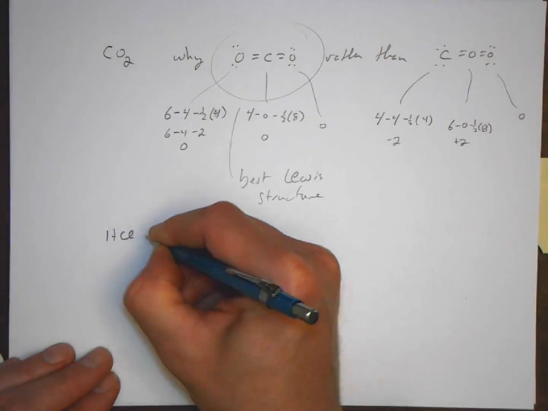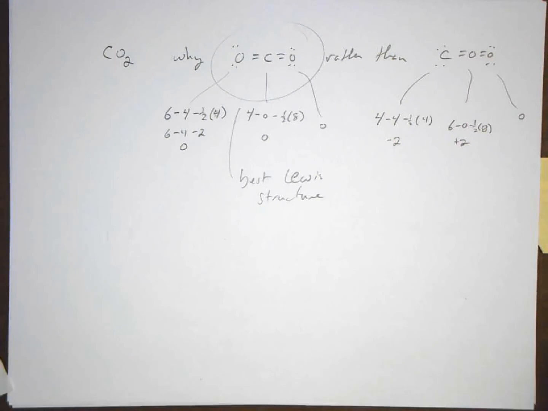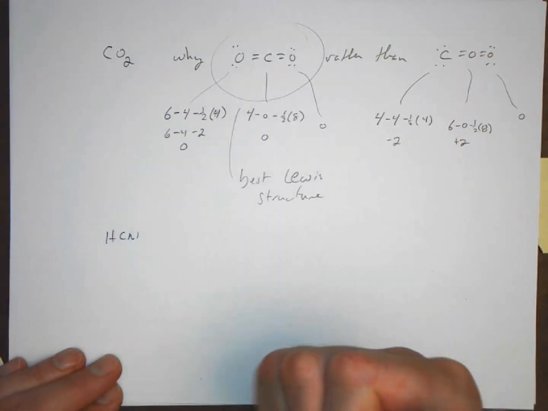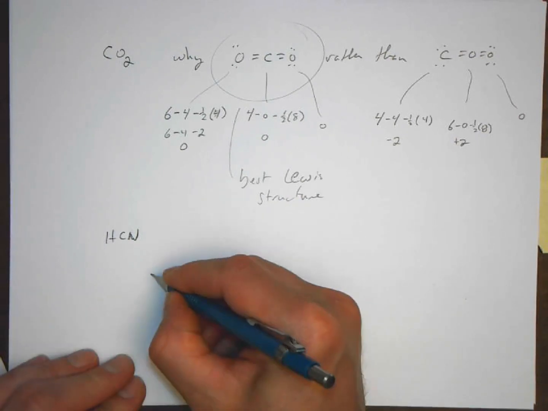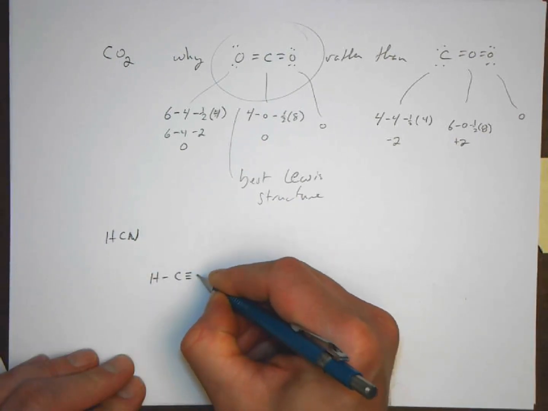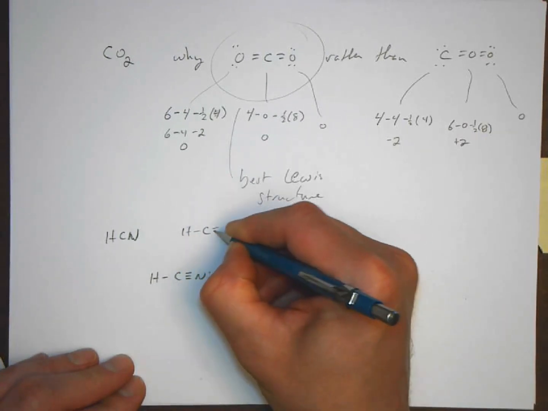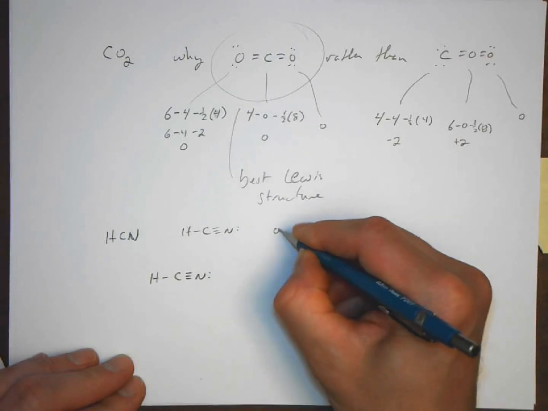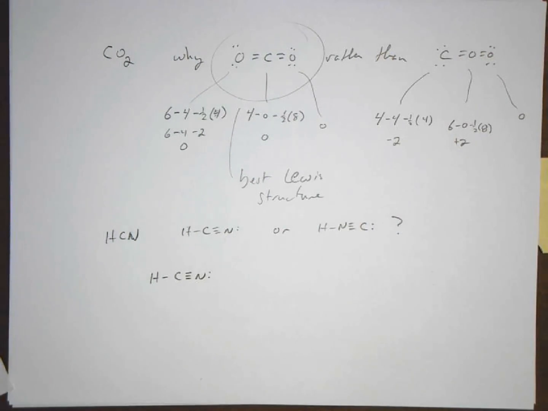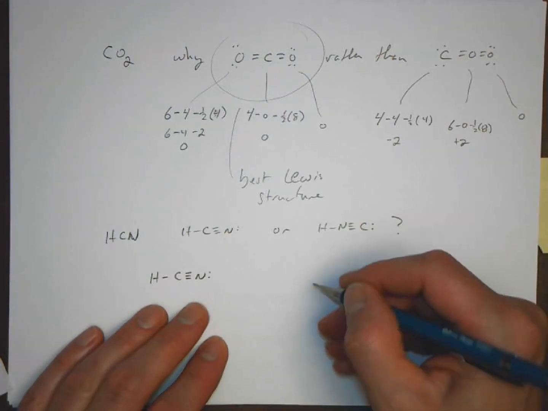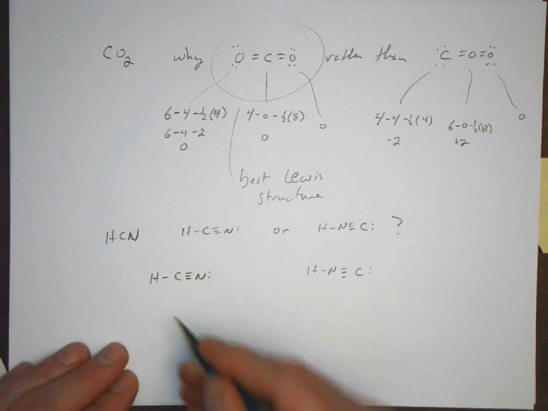Here's another example of using formal charges to distinguish between two different structures. The HCN molecule. Earlier we drew it like this. Which one of those would be better? Let's use formal charge for each one of these to calculate what it would be.